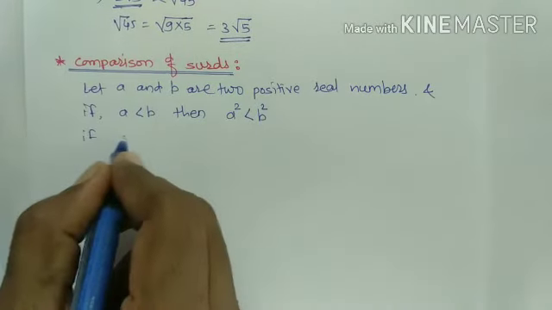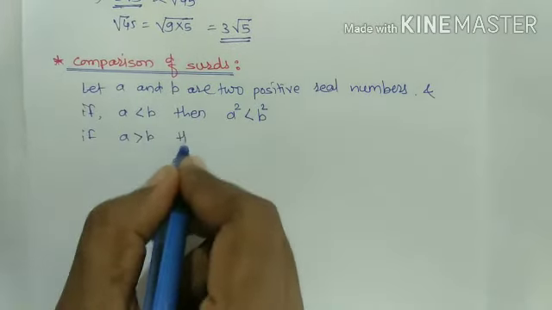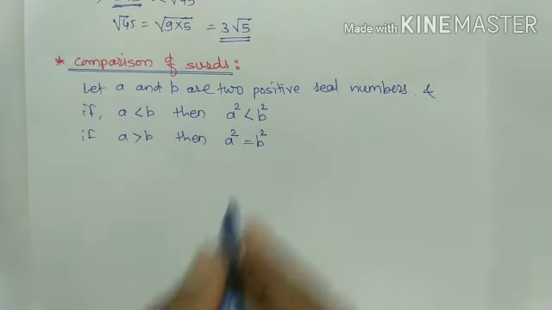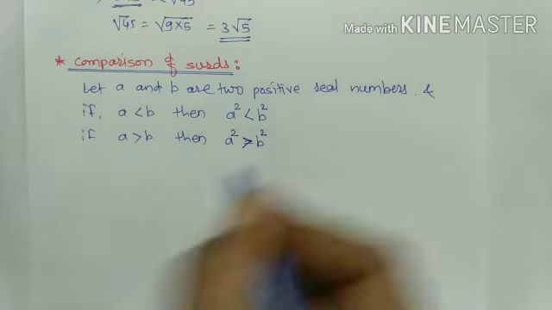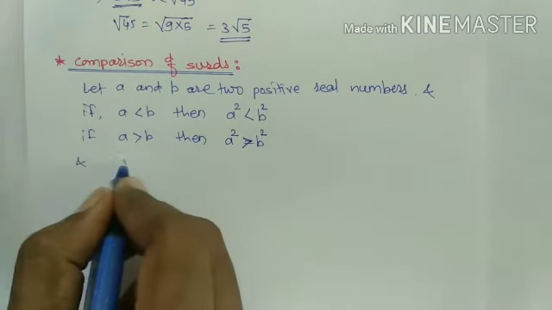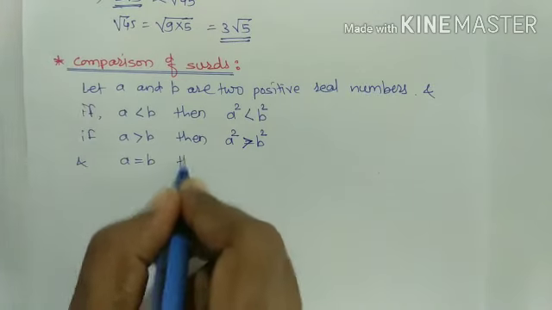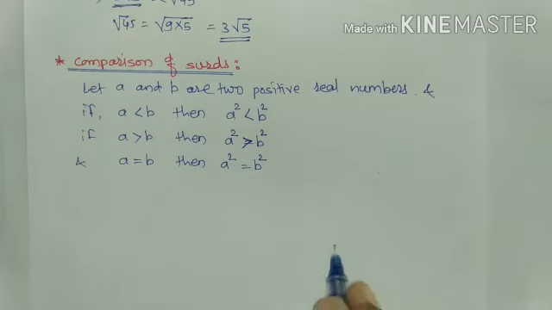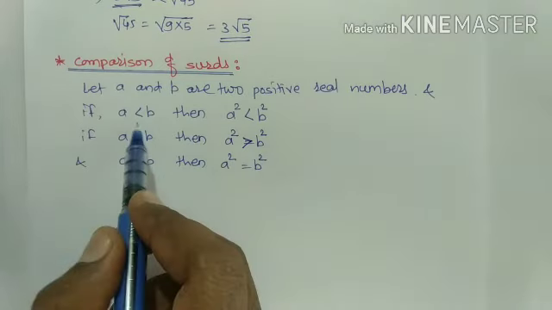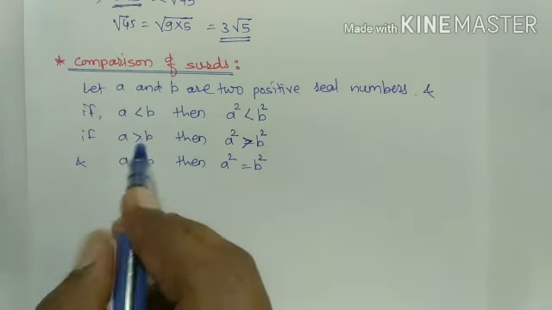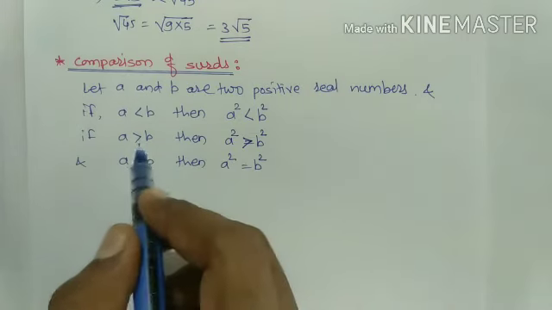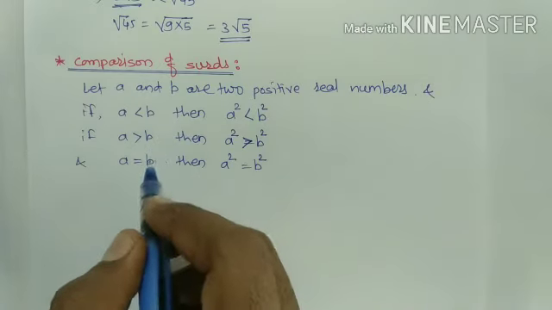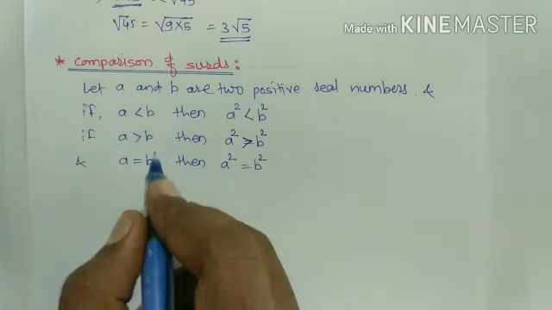If A is greater than B, then A square is greater than B square. And if A equals B, then A square equals B square. Here A and B are both real numbers, so they may be rational numbers or surds. So by using these properties we can compare the given surds.